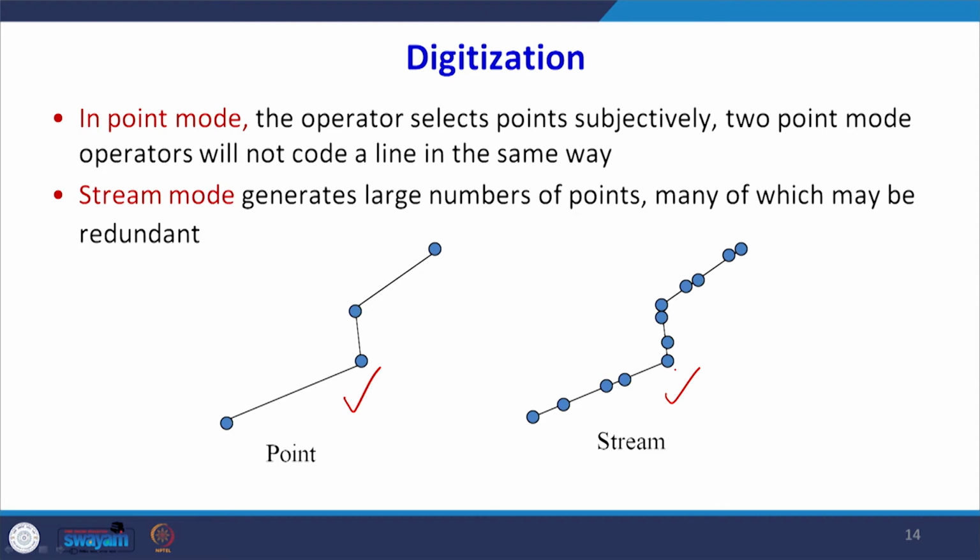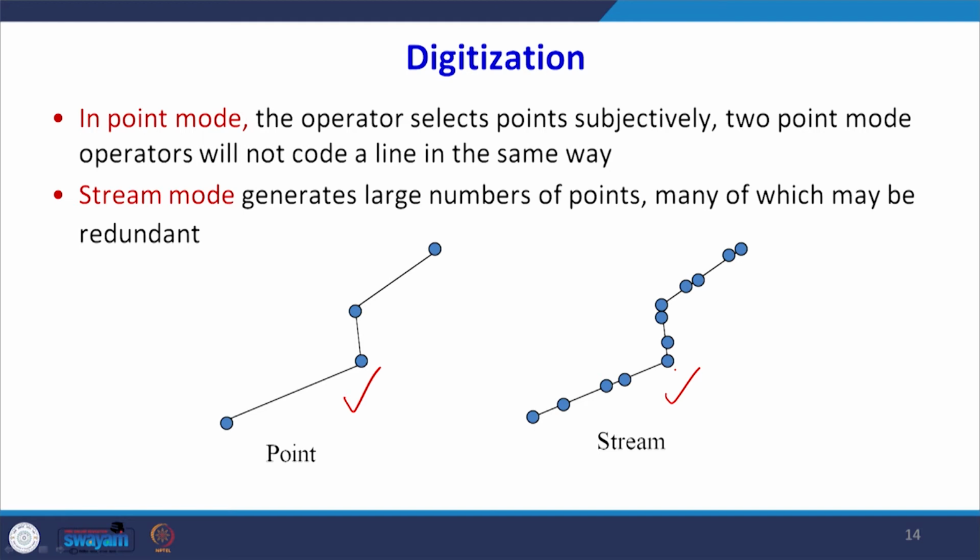So the advantage of the point mode is that the operator is very selective. Wherever there is a curvature, wherever there is a change in the direction of the line, you just take that particular point. So your starting point, node point, and then you have the vertex points in between, and then you can actually be selective.